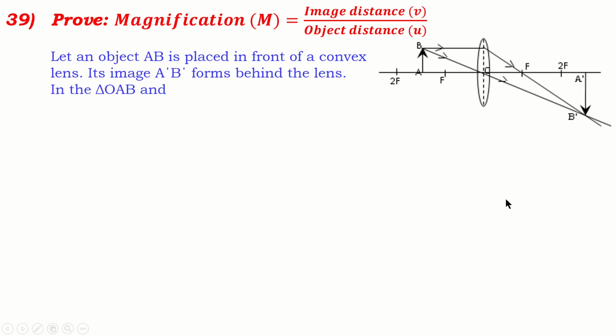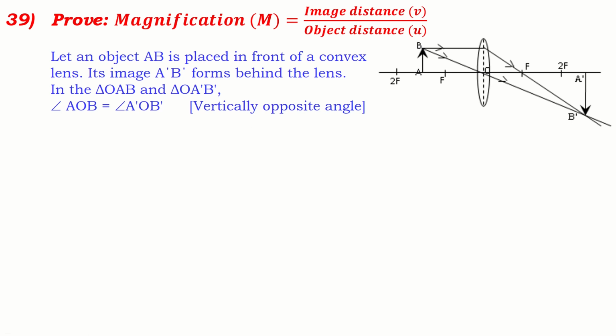Okay. Now in the triangle OAB and triangle OA'B', in these two triangles, angle AOB is equal to angle A'OB'. Why? Because they are vertically opposite angles.